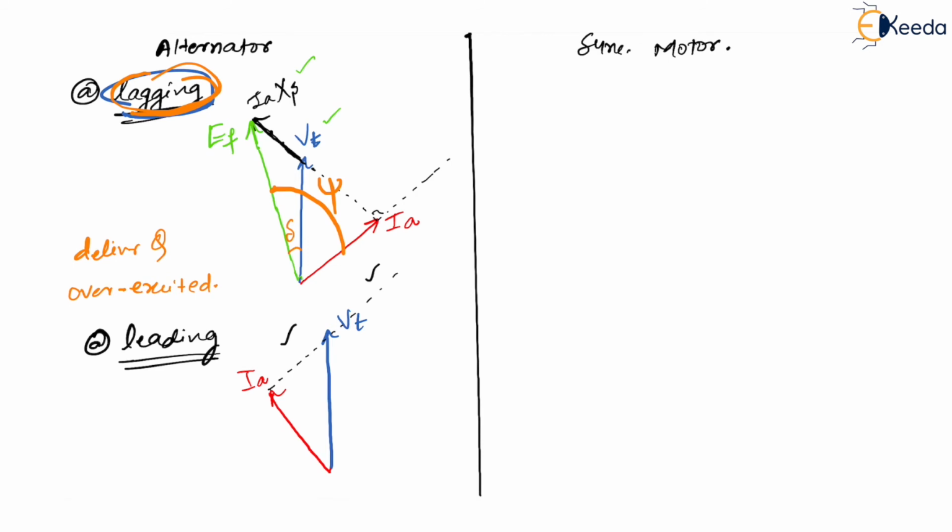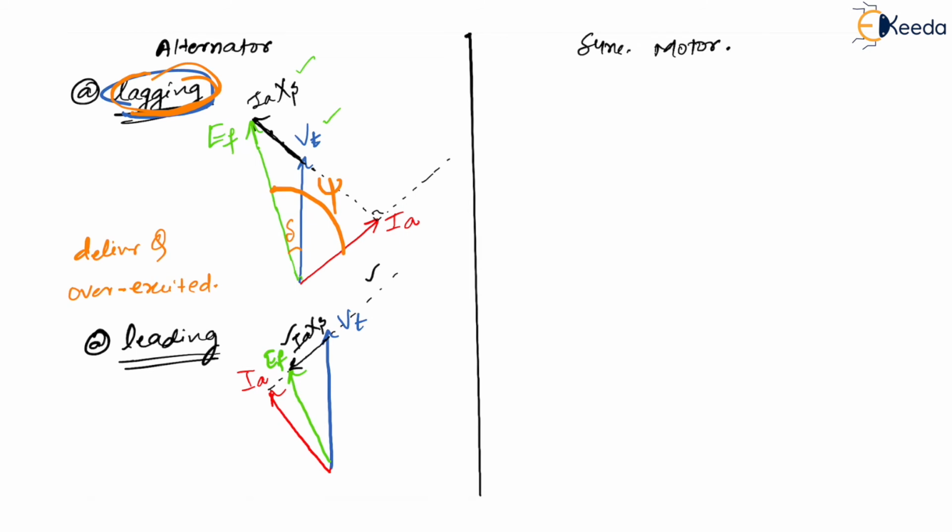But we know one thing: my EF has to always lead my VT in case of an alternator. So I'll be having my EF over here, which you can think of as a shortcut as well. So definitely my E axis is going to be here. Is that correct? Yes, correct.